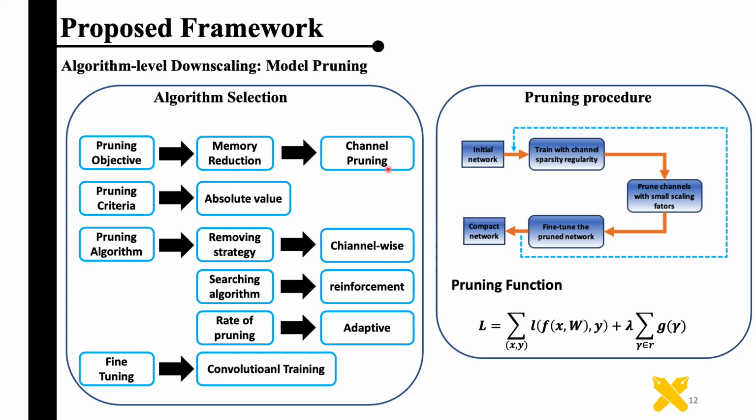The rest of the algorithm is set in this way, including the pruning criteria, pruning algorithm, and fine-tuning. According to the research proposed by Liu, we summarize our pruning function into L to prune the channels of our model efficiently.